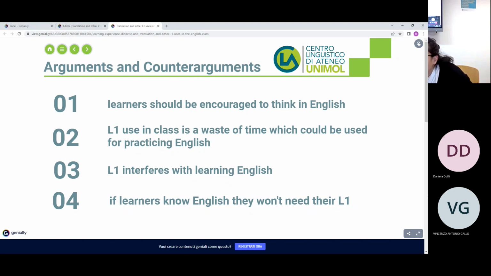Of course, in questo caso ci sono naturalmente delle cose da tenere in considerazione, cioè stiamo parlando qui di una tradizione, quella accademica degli studi sull'apprendimento e sull'insegnamento della lingua, che presuppone comunque che la lingua preponderante, la lingua che viene usata di più durante la lezione, è comunque l'inglese.